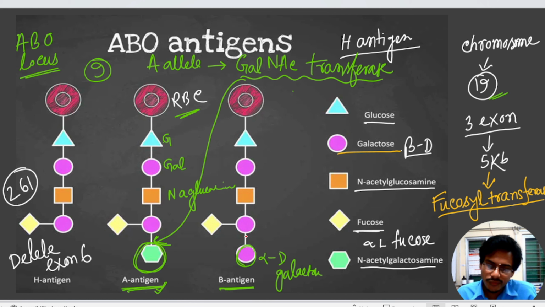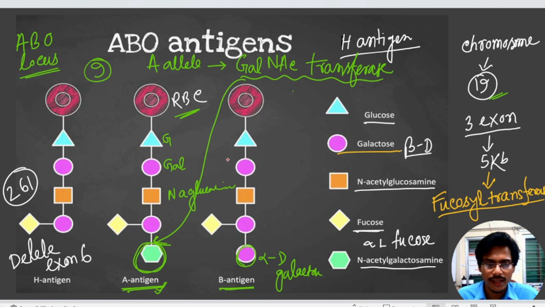One of the essential antigens is the H antigen, and it is coded by chromosome 19, which has 3 exons and gives a total gene of 5 kb, and that expresses the fucosyl transferase. In the H antigen, you can see the structure.